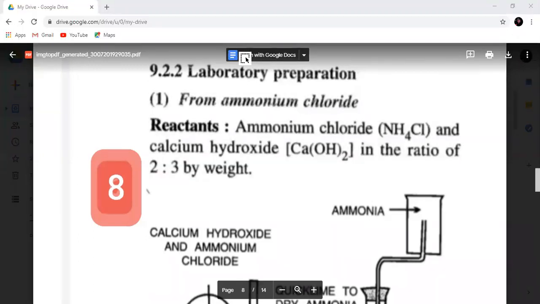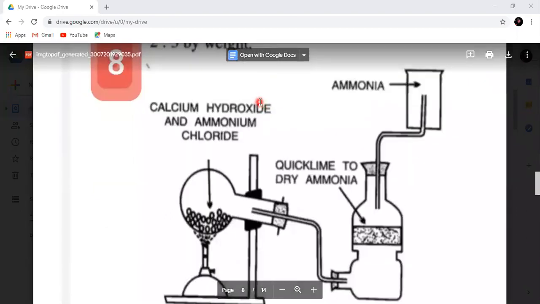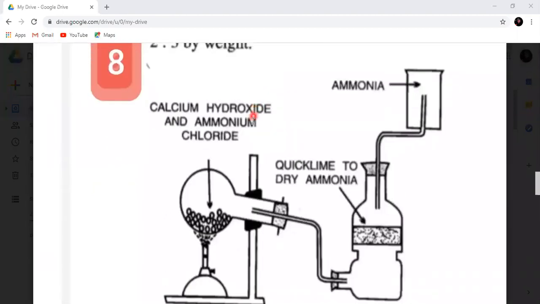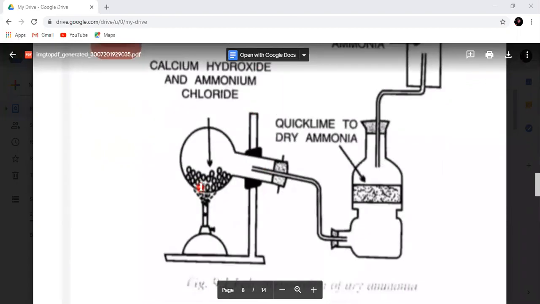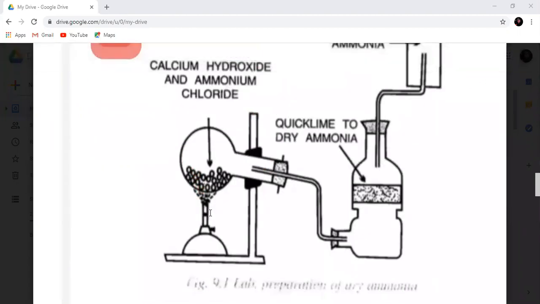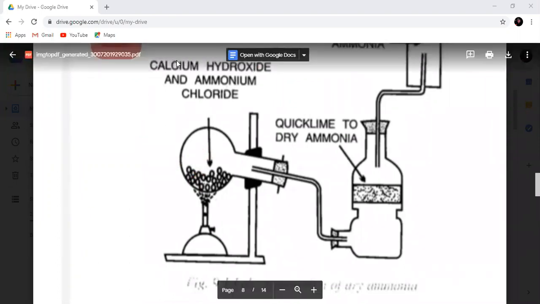Now I am going to the diagrammatic preparation, how it is prepared. Check it. Here is the diagram before you in which we take a round bottom flask, and that round bottom flask is somewhat tilted. This is the drying tower, which has quicklime. This quicklime is the drying agent.